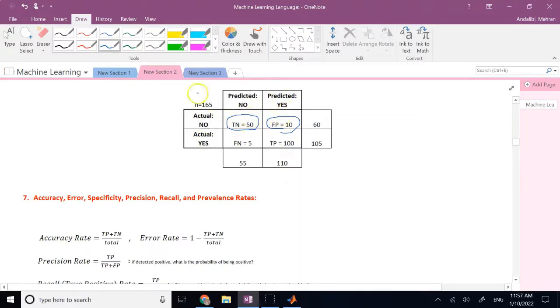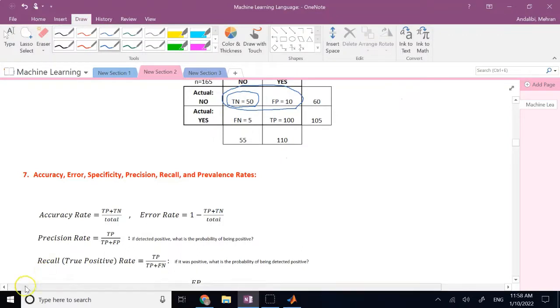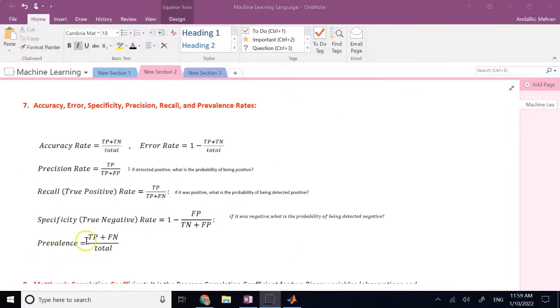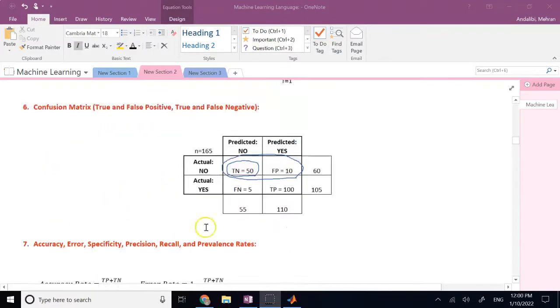So it's really this one, right? Because it's 1 minus that, it is going to be true negative over true negative plus false positive. Which means if it was no, then what is the chance of being detected as no?